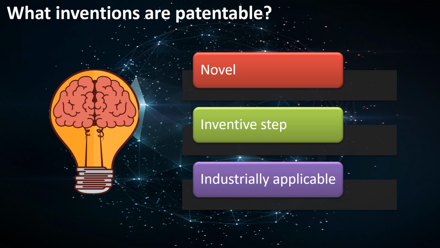The first is novel, that means the invention should be new or novel. Second is inventive step, that means an invention should possess an inventive step. And the third one is industrially applicable, that means an invention should be industrially applicable. I'll explain each of these points in detail in the next slides.